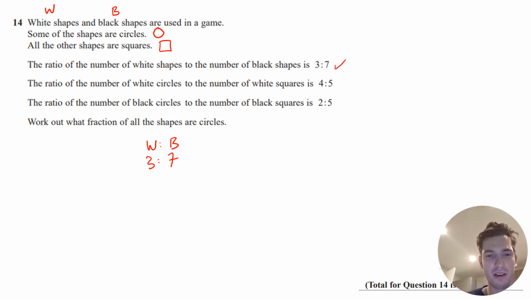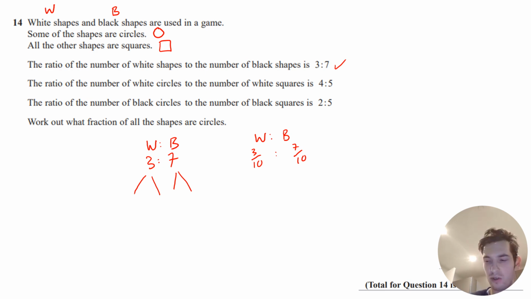The ratio of the number of white circles to the number of white squares is 4 to 5. And the ratio of the number of black circles to the number of black squares is 2 to 5. Work out what fraction of all the shapes are circles. So I can split this ratio. I've seen this kind of problem before, where I'm going to rewrite white to black as 3/10 and 7/10, because if I turn it into a fraction, this is going to help me a lot with this kind of question.